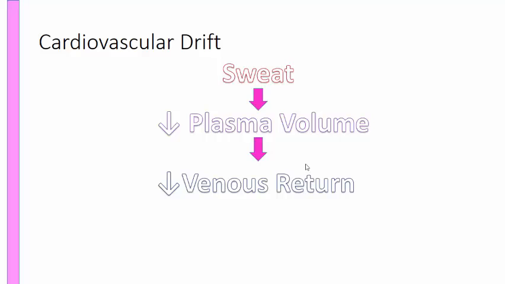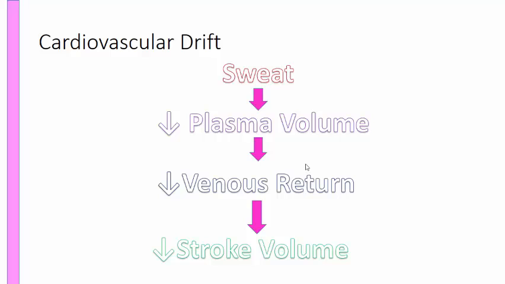Remember, we talked about with endurance training, we have an increase in plasma volume. So that's going to allow us to increase our venous return back to the heart. If our plasma volume is decreasing because of our increase in water release due to sweat production, we're going to have a decrease in our venous return, and therefore we're going to have a decrease in our stroke volume.